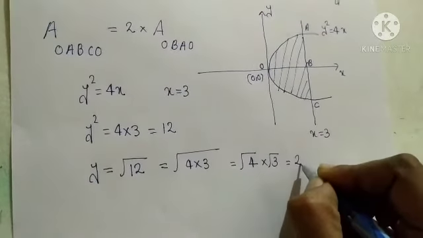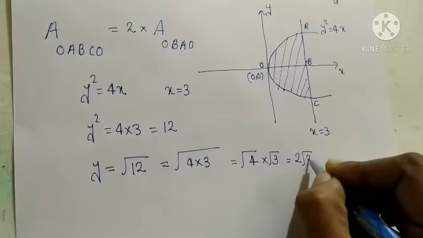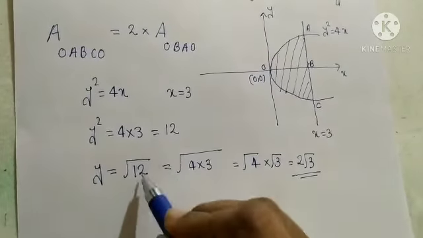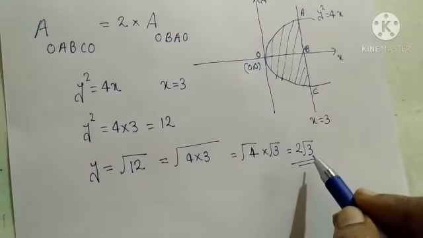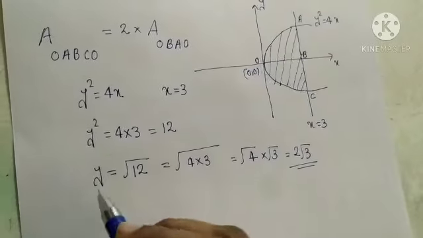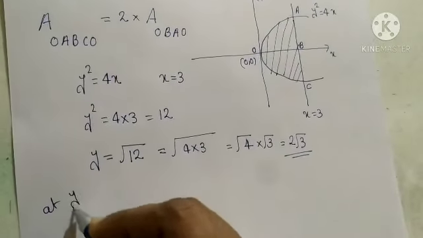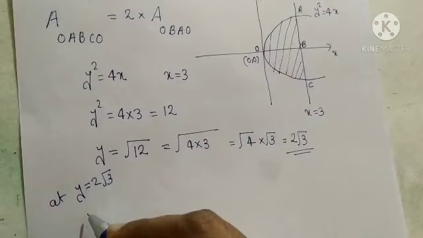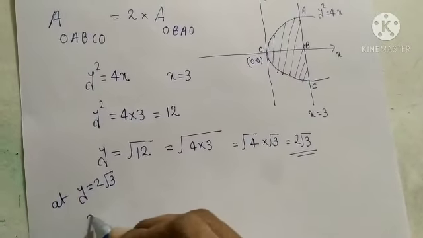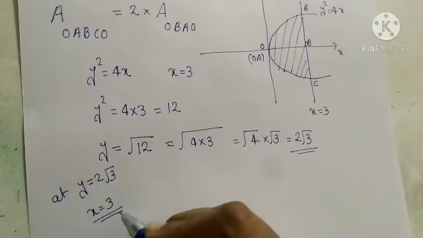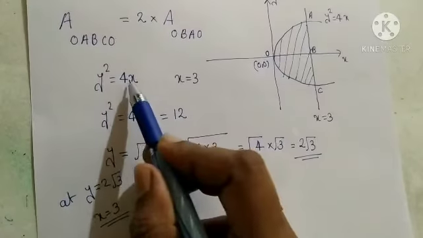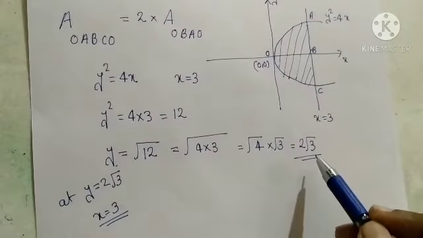Root 4 is 2, so root 12 can also be written as 2 root 3. So at y equal to 2 root 3, the x value is 3, because we are substituting x equal to 3 here.